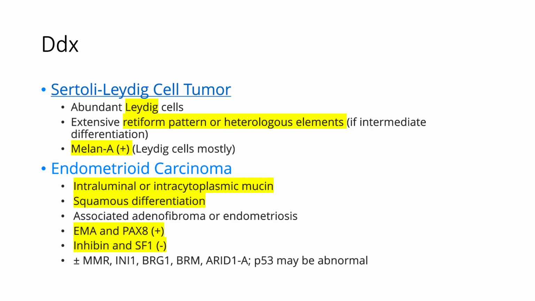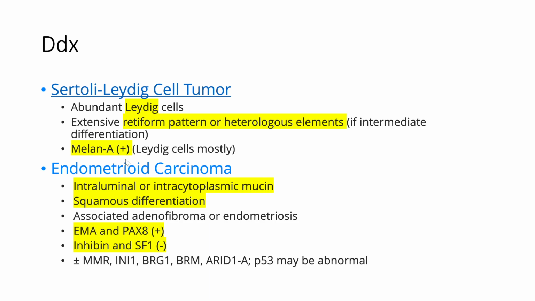For the differential diagnosis, always remember we have the mixed cell tumor, Sertoli cell and Leydig cell tumor. So if you find an abundant Leydig cell component, you may really have suspicion it's not just a Sertoli cell tumor. It should be a mixed Sertoli-Leydig cell tumor. I will talk about Leydig cell tumor more later.